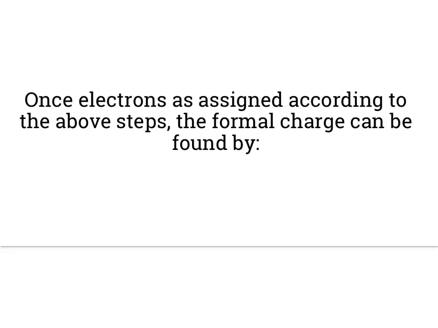Once electrons are assigned according to the above steps, our formal charge can be found by the following equation. Now, my equation is going to be vertical because I couldn't quite fit it horizontally. You may put it horizontally, it does not matter. A formal charge is defined as our valence electrons, so we're counting those from the periodic table.